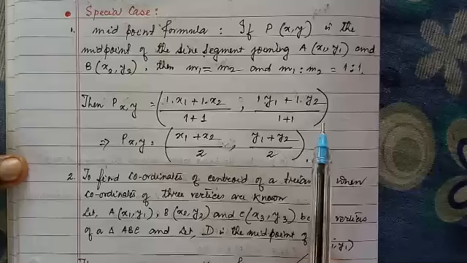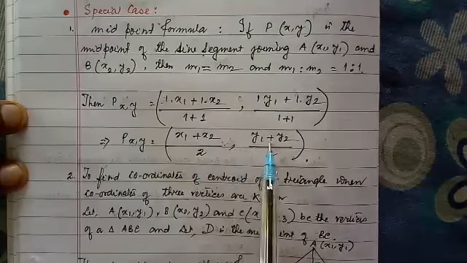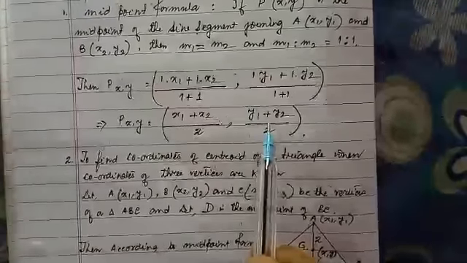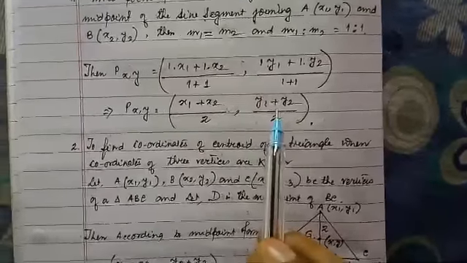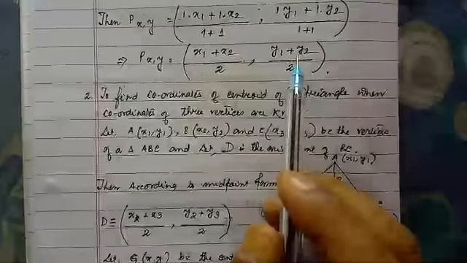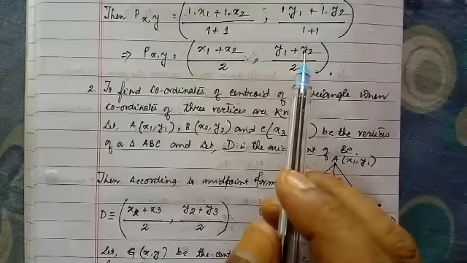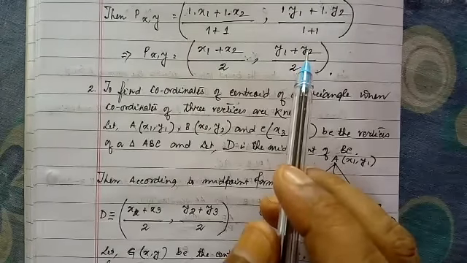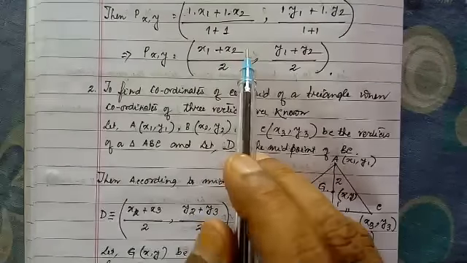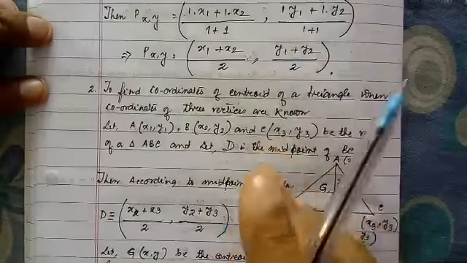Thus we have (x1 plus x2) by 2, (y1 plus y2) by 2. Thus what we have learned is, if P is the midpoint of the line segment joining the points A(x1, y1) and B(x2, y2), then according to the midpoint theorem the coordinates of the point P are, for x, (x1 plus x2) by 2 and for y, (y1 plus y2) by 2.